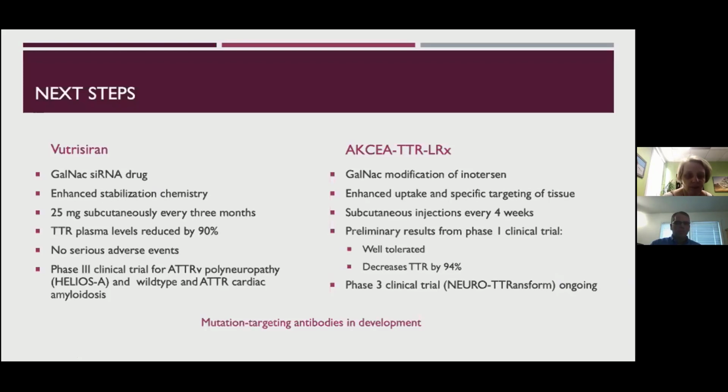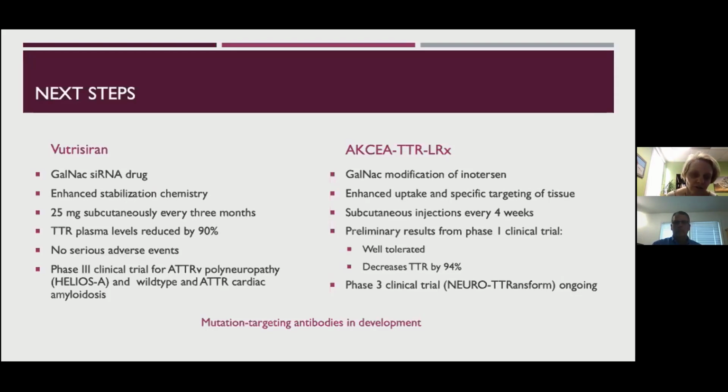The TTR plasma level was reduced by 90% and there were no serious adverse events. It's currently in a phase 3 clinical trial. Similarly, inotersen has been further modified to give enhanced uptake and specific targeting of tissue. It's given subcutaneously every 4 weeks, and preliminary results also show that it's well tolerated and decreased TTR by 94%.